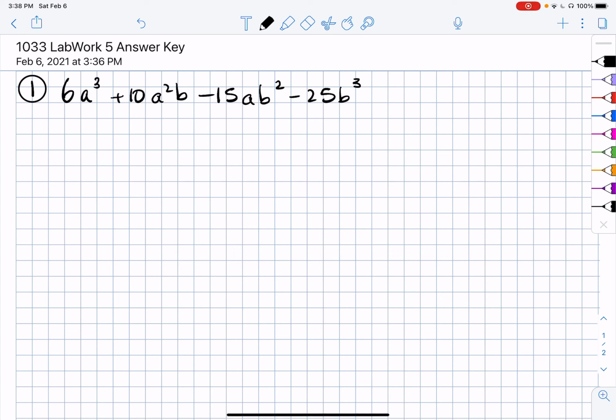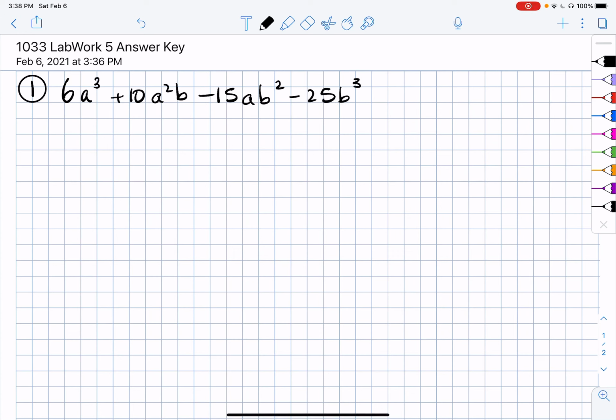One of the key things you may want to do, if you can't find this number, is take this negative 42 and find the factor pairs of negative 42.